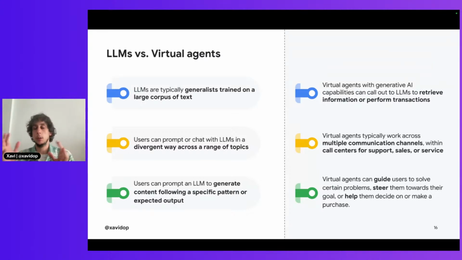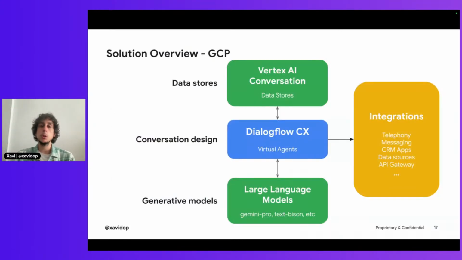On the other hand, virtual agents are for when we want to create something more focused on one action. For instance, if we are creating a bank agent and we want to retrieve information or make a transfer, the virtual agent is the one that is going to help us go down that path. So this is the solution that we can find in Google Cloud Platform.